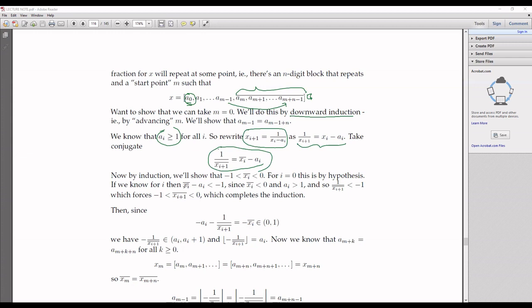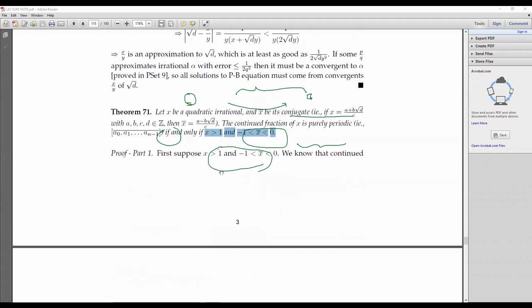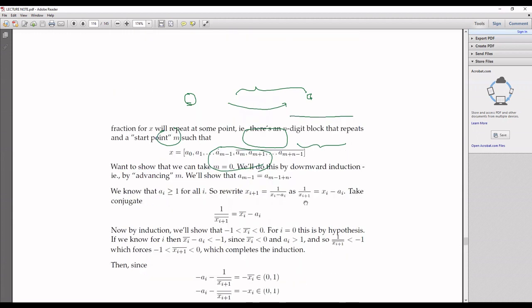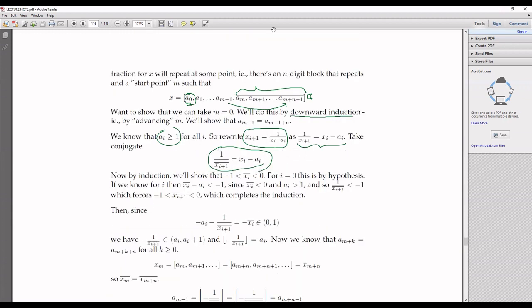Now we are going to use induction to prove that. Initially you can see that in the given assumption, we claim that the hypothesis is x is greater than 1 and its conjugate is between -1 and 0. But this is true for x.